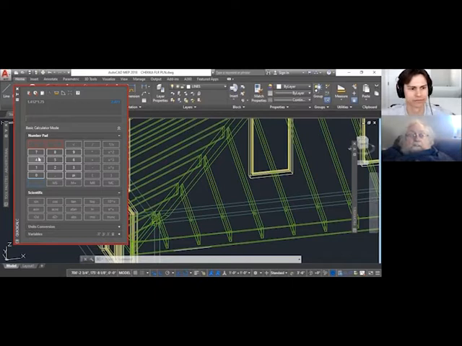If I take 4 divided by 12, and then go tangent to the -1 power, I know that it's rising at 18.43 degrees. If I take the cosine of that, and then 1 over x, I get 1.054.